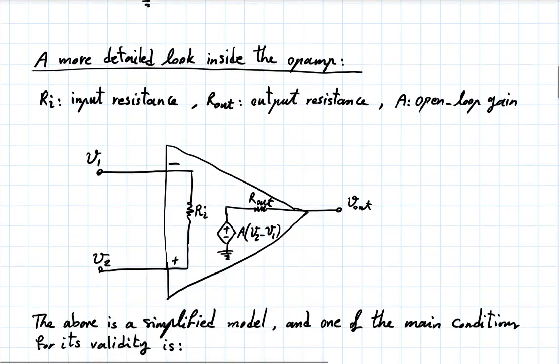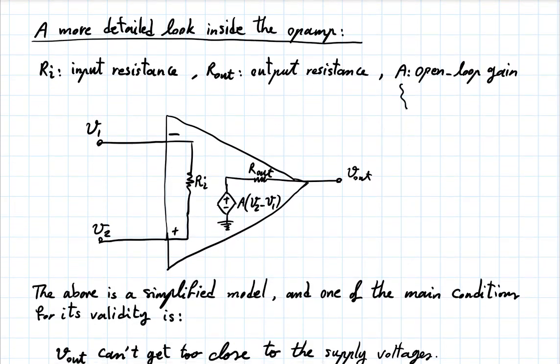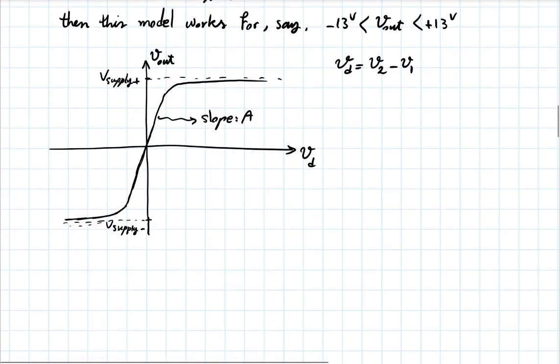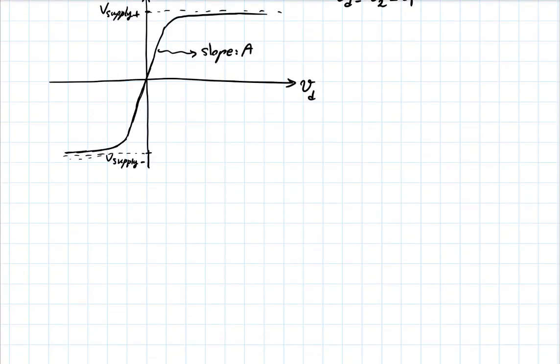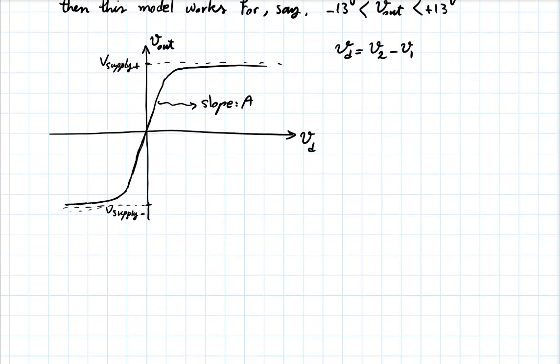It's worth pointing out here a very large value. Okay. This is that range where things are more or less linear, right?